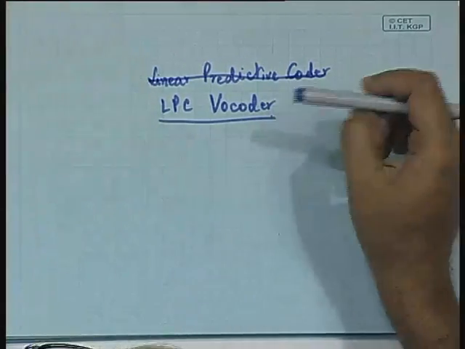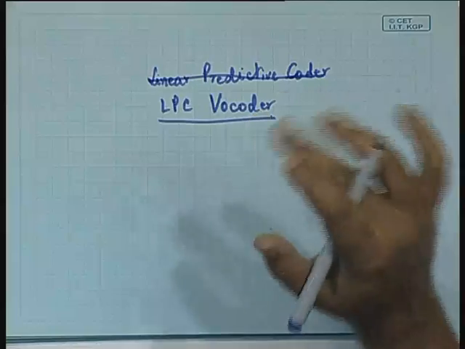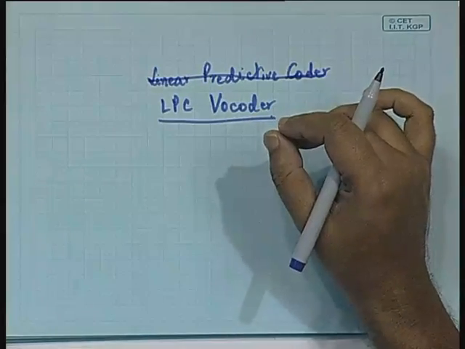Now, we have already learned several things about linear predictive coding, and there you have seen that essentially what we are trying to do is to utilize those parameters alpha 1 to alpha k, which are our prediction coefficients. There are a few alternative ways of expressing these predictor coefficients.